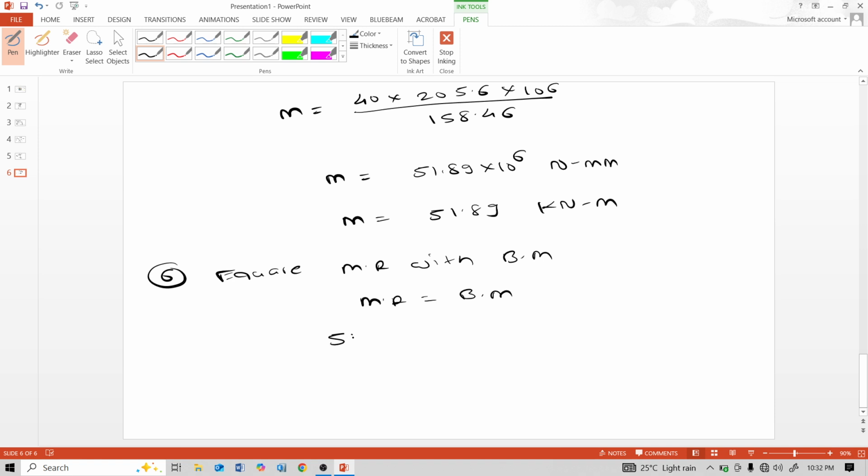The moment of resistance is 51.89, and the bending moment for that simply supported beam is WL square by 8. 51.89 equals W into 5 square divided by 8, where L is 5 meter. 5 square divided by 8 is 3.125. 51.89 divided by 3.125 is 16.60 kilonewton per meter, the safe uniformly distributed load for that 5 meter simply supported I cross-section beam.